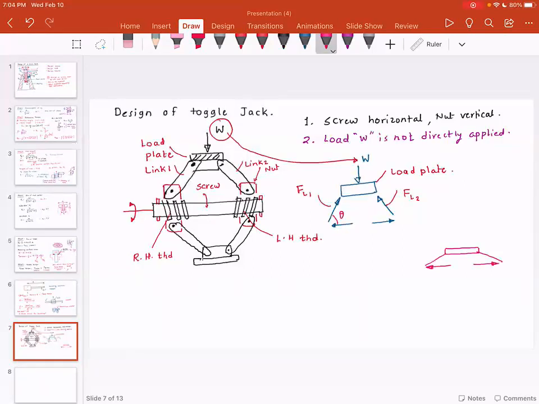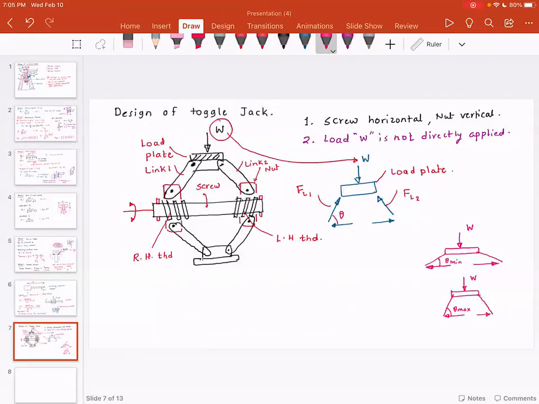I'm gonna call this theta minimum. If the load plate is all the way up, then you're gonna have a configuration like this. I'm gonna call this theta max.